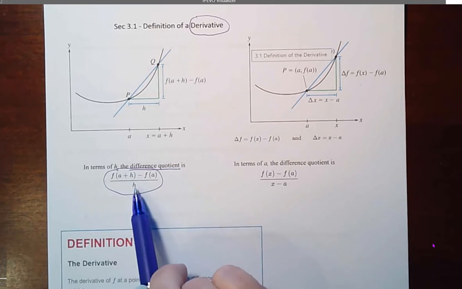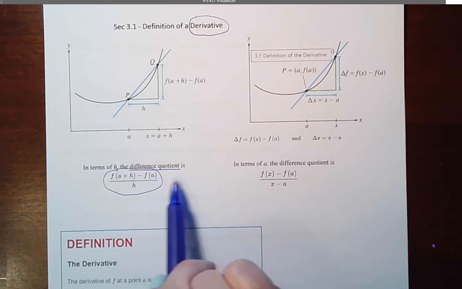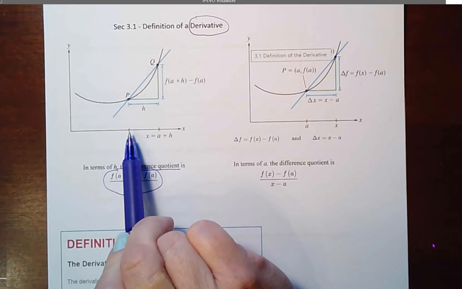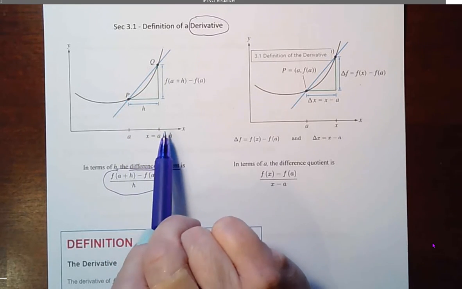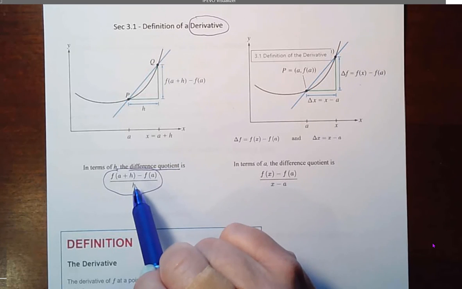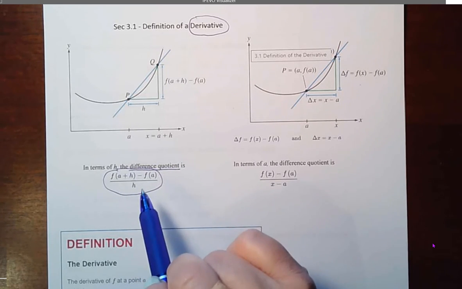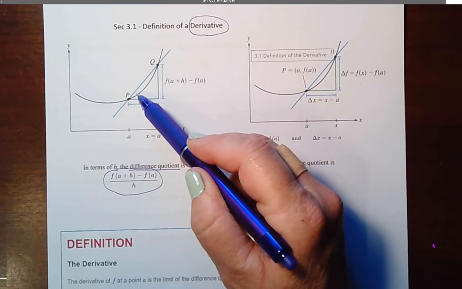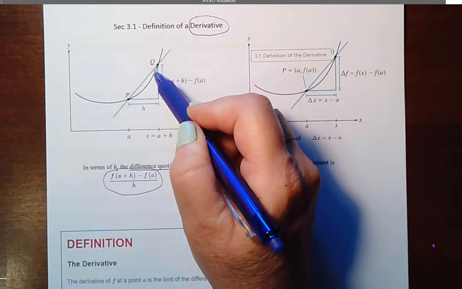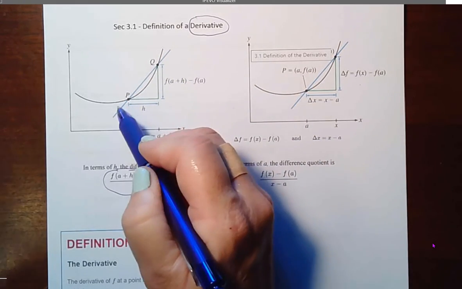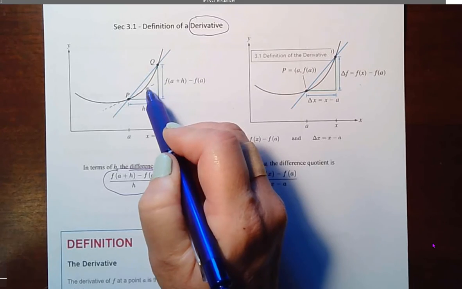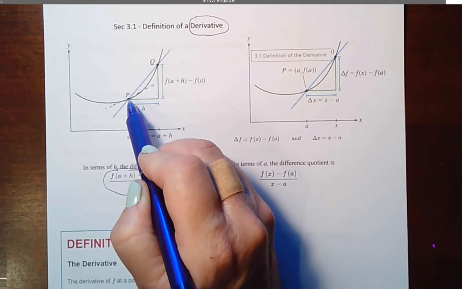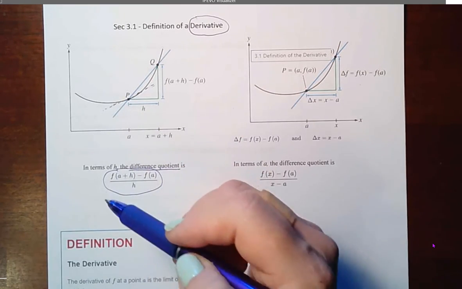Bottom line is, if we take either one of them and let the distance between these two x values go to 0, then the slope of the secant line becomes the slope of the tangent line, because we can move that point closer, closer, closer, until finally that distance becomes 0, and what you have is a tangent line. A tangent line represents an instantaneous rate of change, and again, we talked about this earlier.